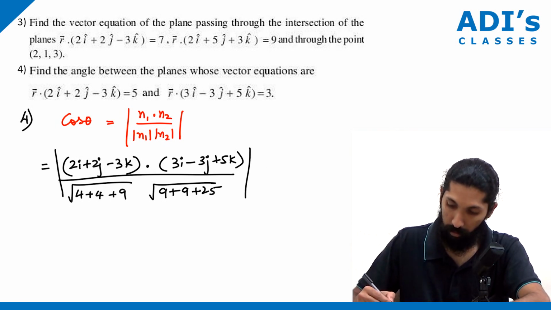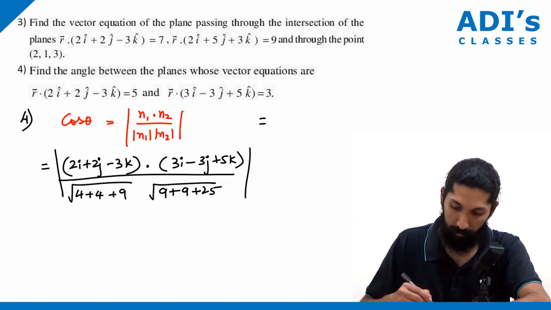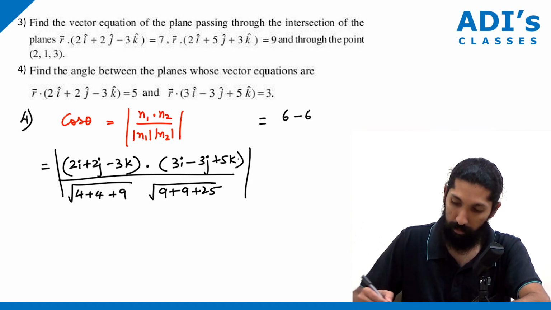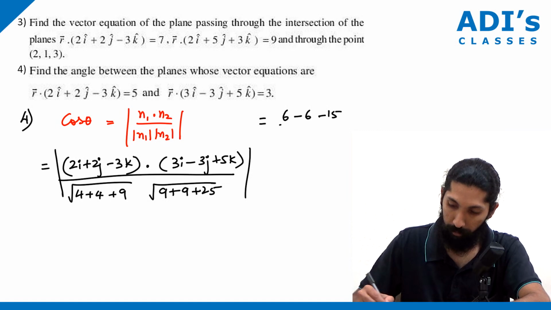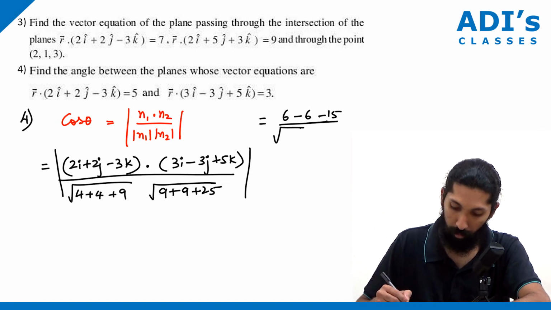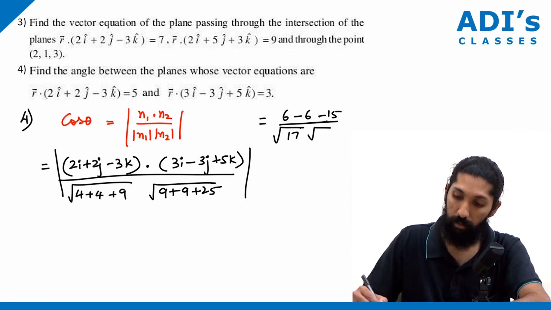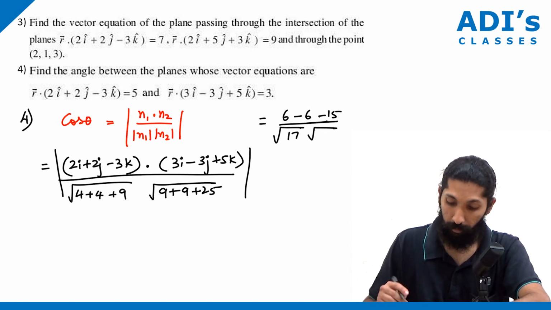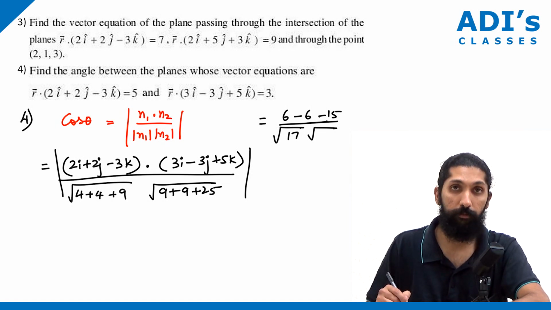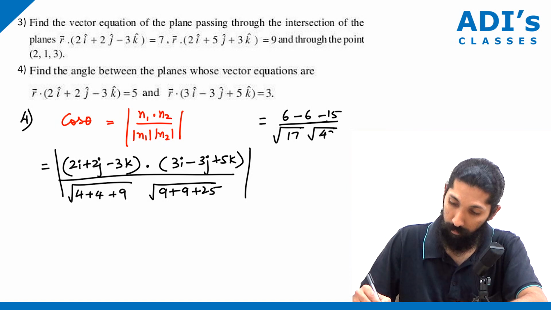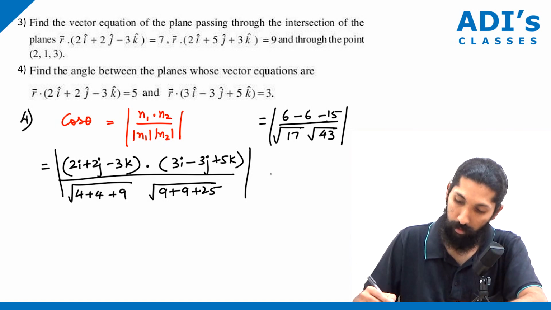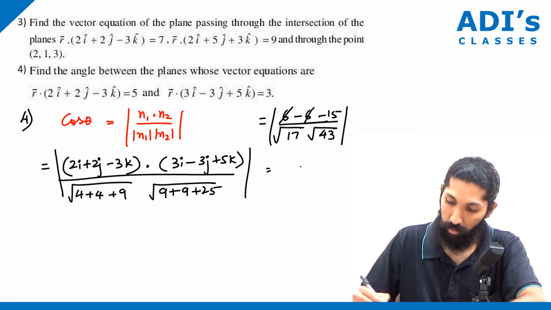If you multiply this, 2 into 3 is 6, 2 into minus 3 again is minus 6, minus 3 into 5 is minus 15, divided by root of 4 plus 4 is 8, 8 plus 9 is 17, into root of 9 plus 9 is 18, 18 plus 25 is 43. 6 and minus 6 cancel, so you will get 15.